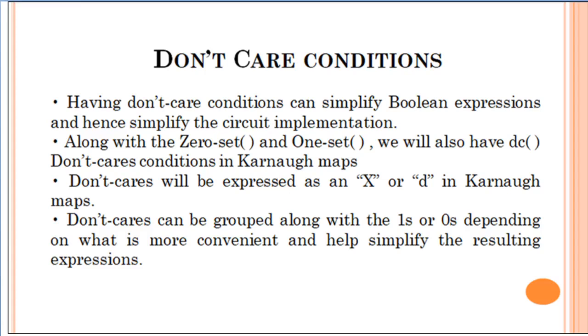Since these unallowed states will never occur in the given function, they can be treated as a don't care term with respect to their effect on the output. That means there will be no effect of the don't care terms. And the best example for the don't care is a BCD code.